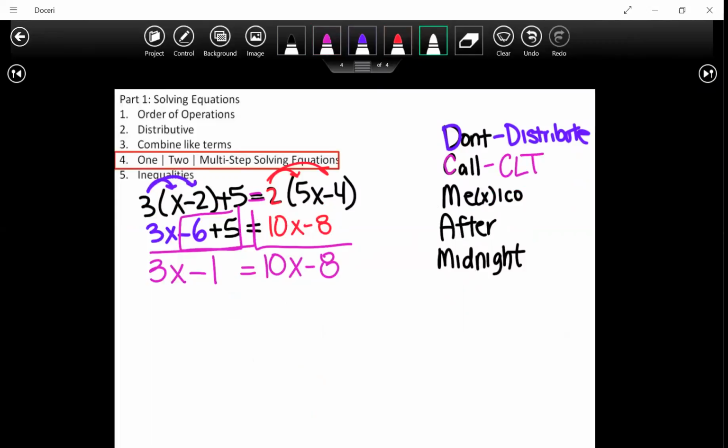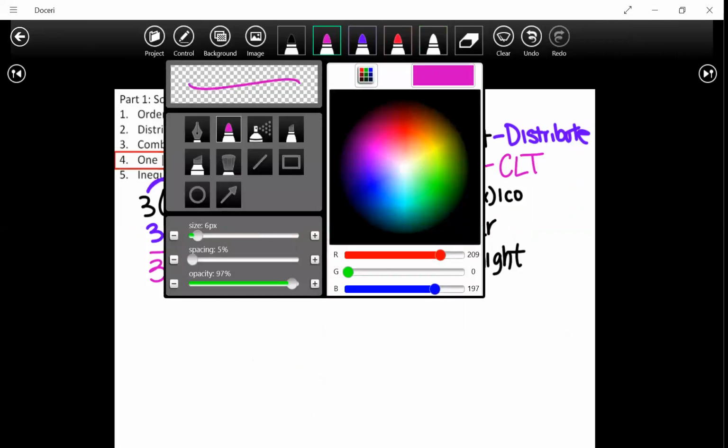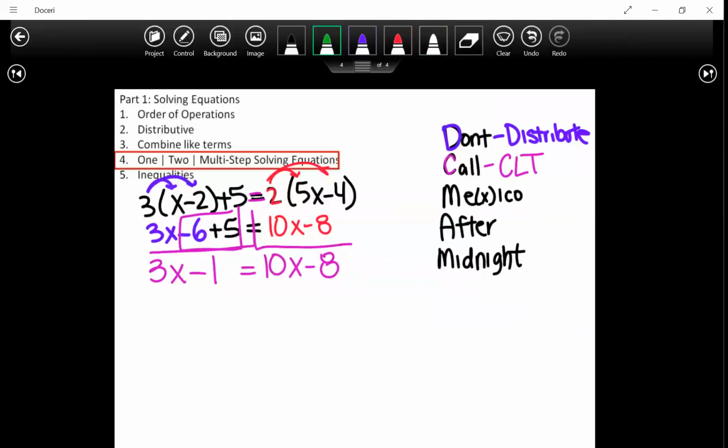Okay. The Mexico portion is our next bout, where the Mexico, the M and the X, it's not multiply, it means move X value. Okay, in this case, the smallest X value will always help out.